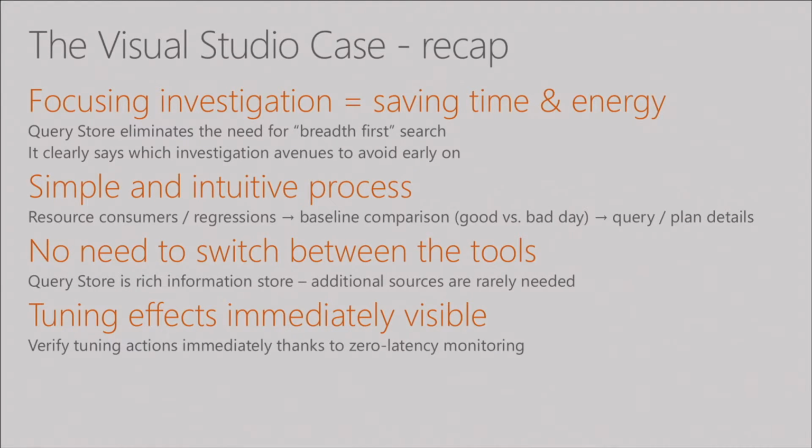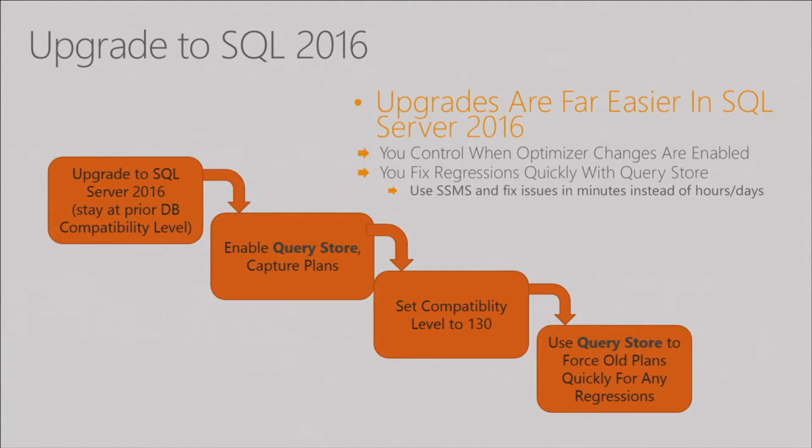Also, the good thing is they were able to finalize the entire analysis from the Query Store using SSMS, with no need to use different tools. And finally, tuning effects are immediately visible because, as Jacob said, when you apply the mitigation, it's immediately visible in the Query Store. You can use the Query Store as a tool to verify if your mitigation was successful or not.